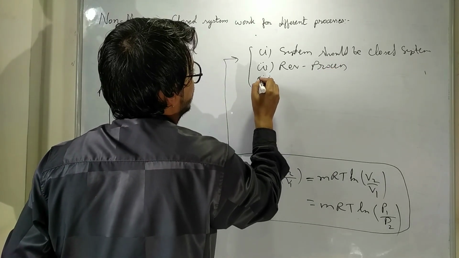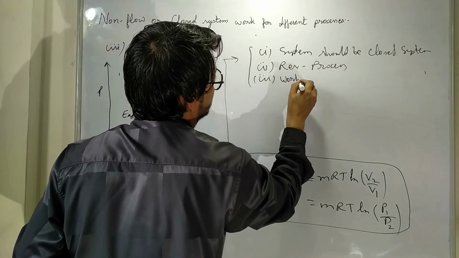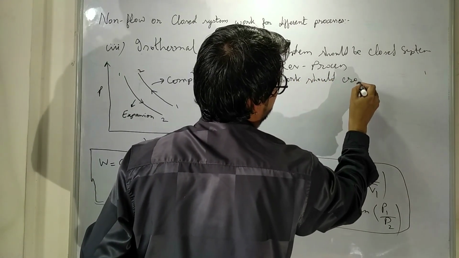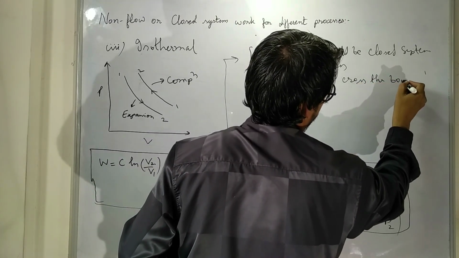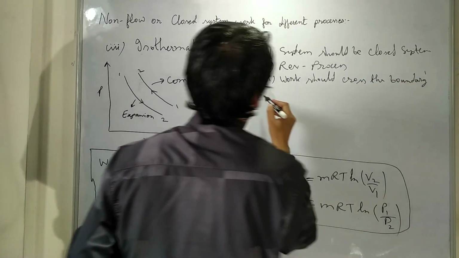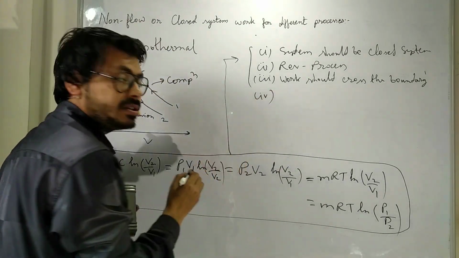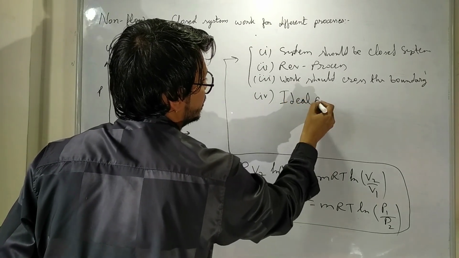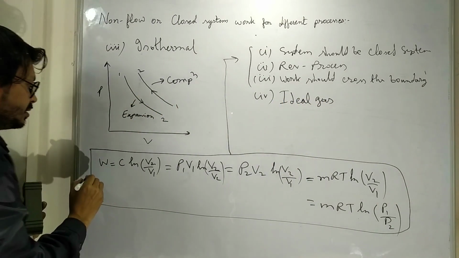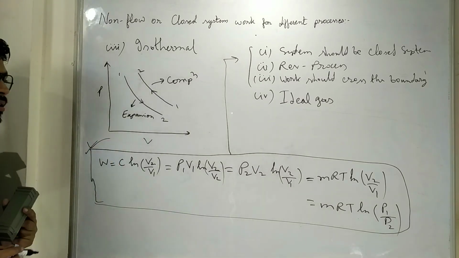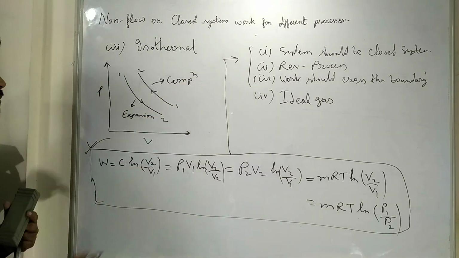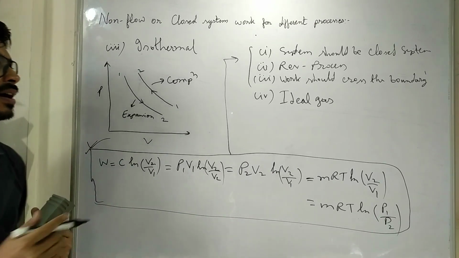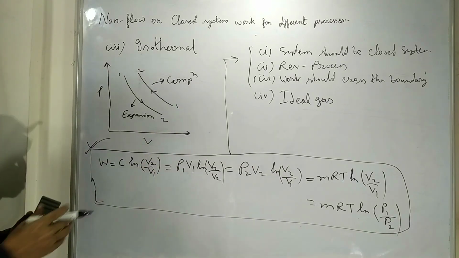The third one, work should cross the boundary. And the fourth one, because we have used the ideal gas equation here, the fourth assumption is ideal gas. So this is the work done for an isothermal process with those assumptions: the system should be closed, the process must be reversible, work should cross the boundary, and the gas should be an ideal gas.